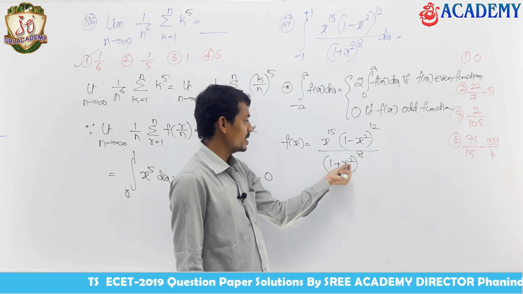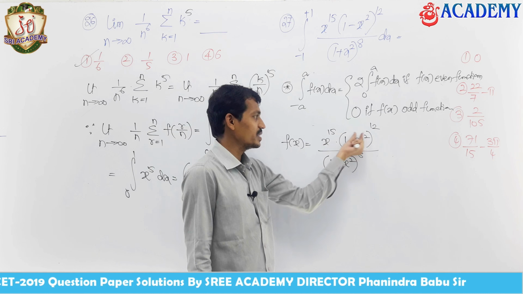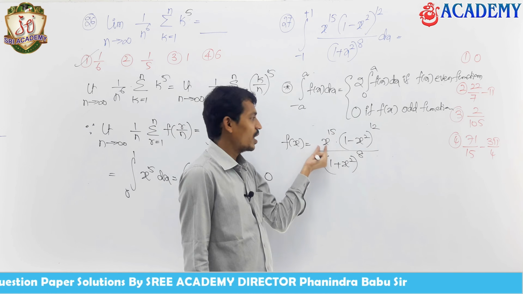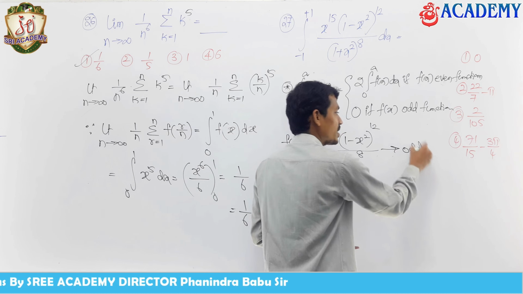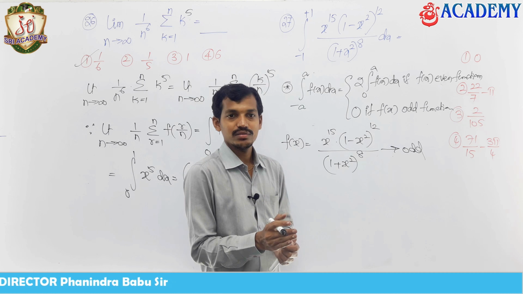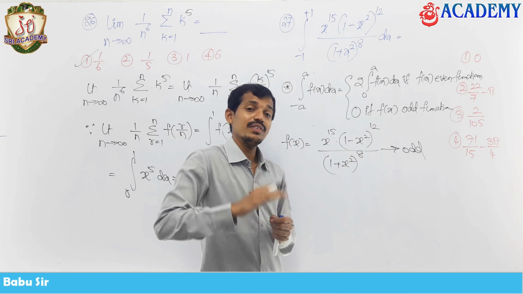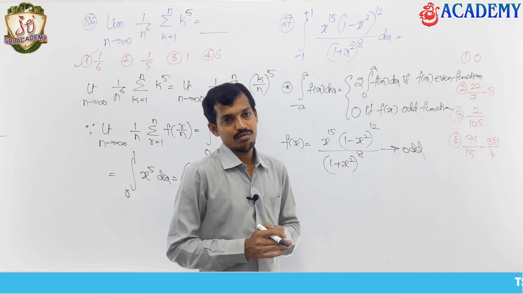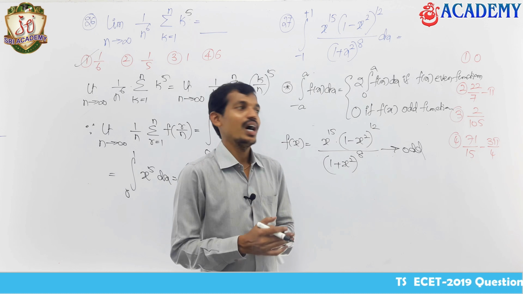By seeing you can say the power of 12 and power of 8 parts are even, and this x power 15 is odd. Odd into even is always going to be odd. Odd into odd, even into even is always going to be even. One odd function and one even function, if you multiply, you are going to get an odd function only.